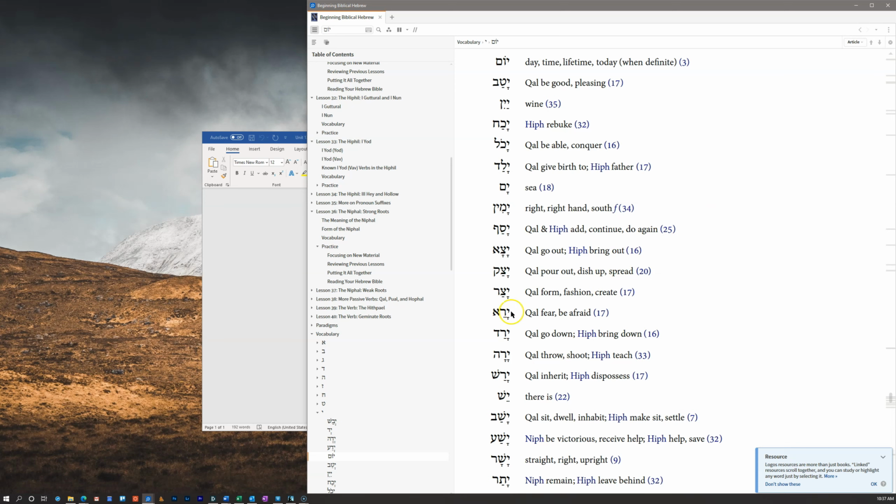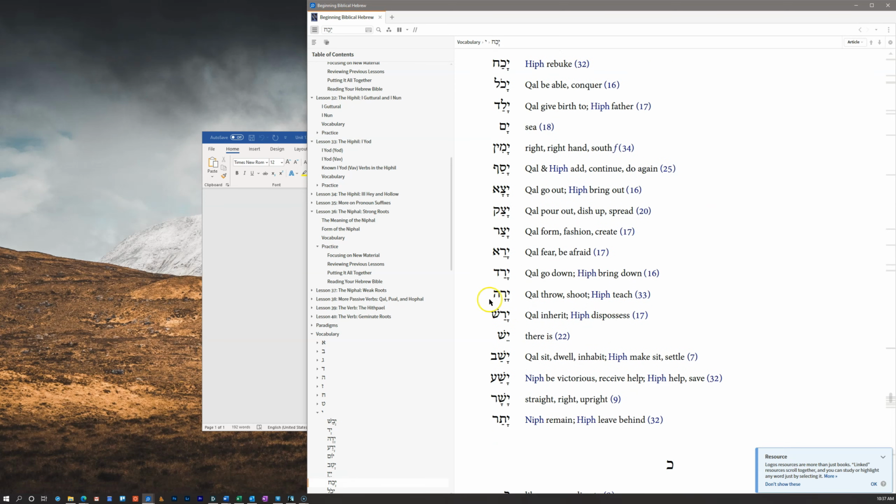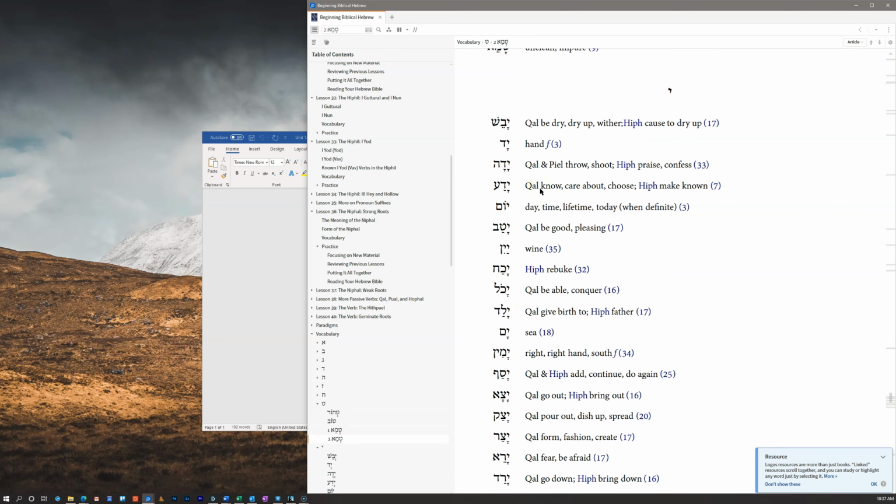So I got to find some way to connect teach with the resh, because the resh is what makes this teach in the hifil. So a teacher, I'm going to say, a teacher, and then yada, I got to somehow connect the dalet with praise or confess. And what am I going to do for that?